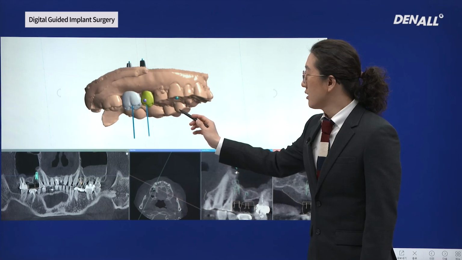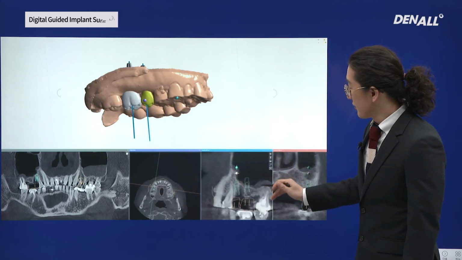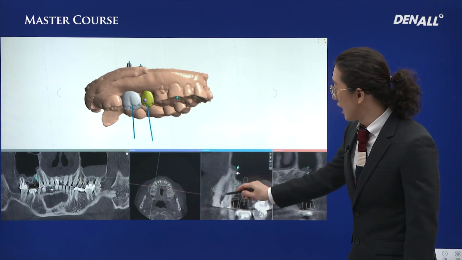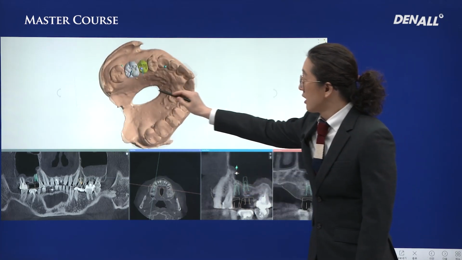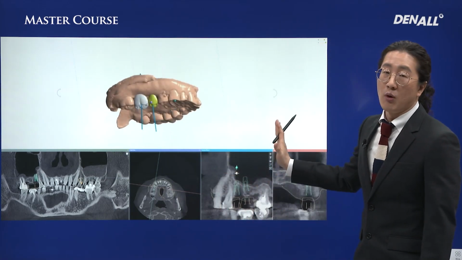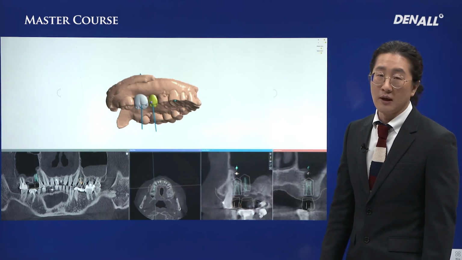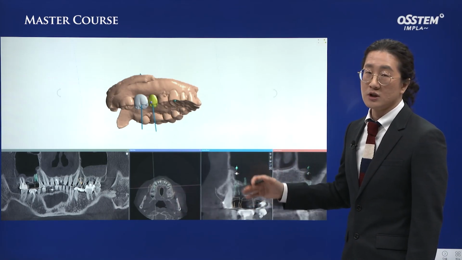Once crown position is set, we can determine where the implants should be positioned. In the case where implant position is where it does not make sense, or if it is too close to adjacent tooth, then we need to adjust implant position to the point where it does not alter crown position.